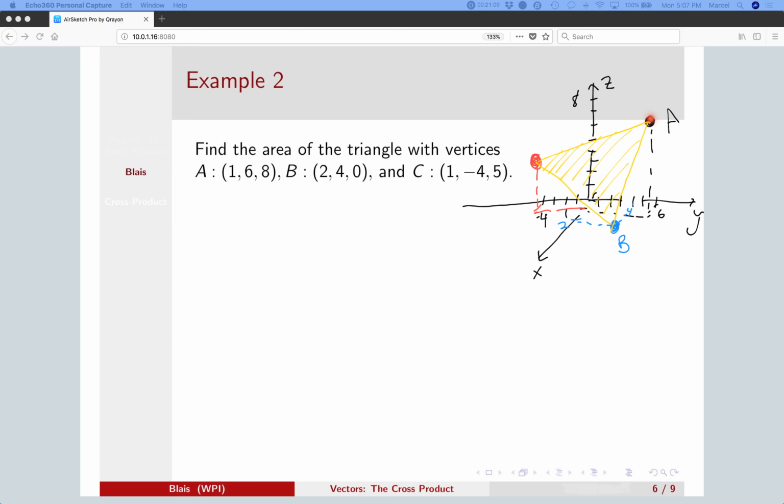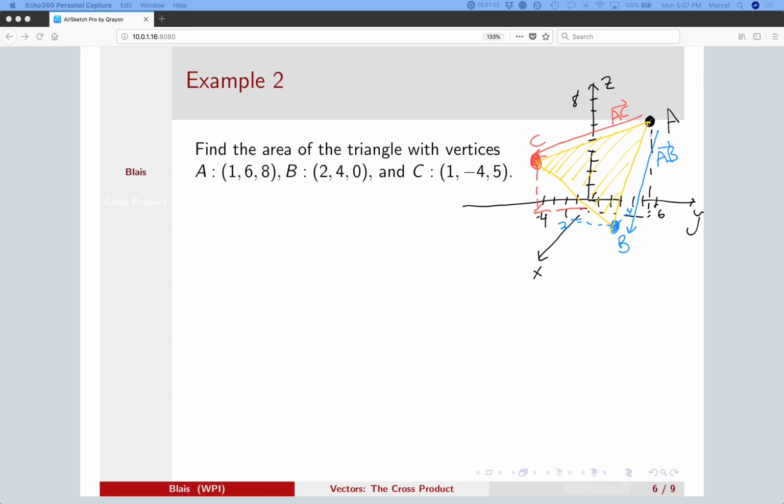So we could do, say, the vector from A to C, and then the vector, say, A to B. If we take the cross product of those two vectors and take its magnitude, we will get the area of the parallelogram formed by them. And then we know that the area of the triangle is exactly half the area of that parallelogram.